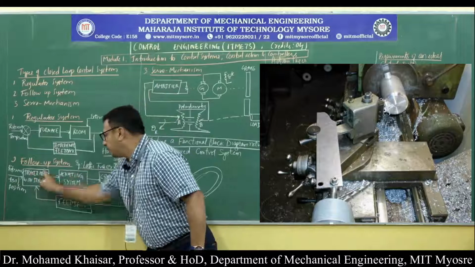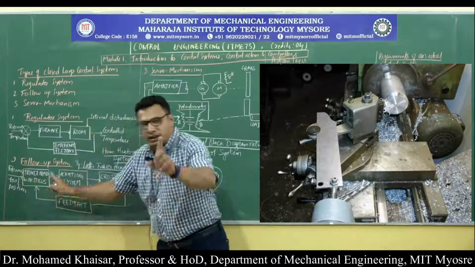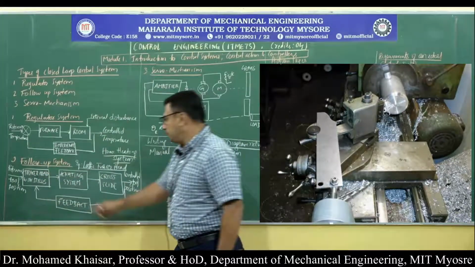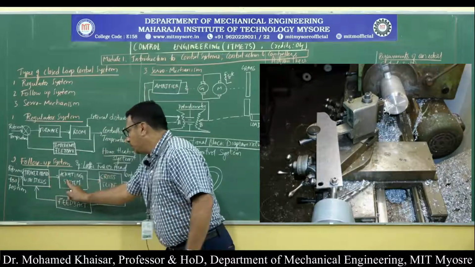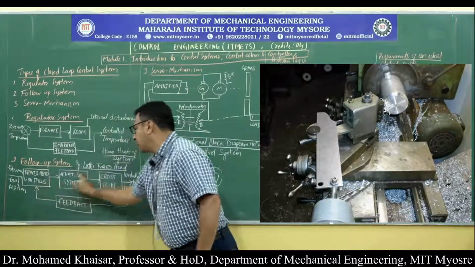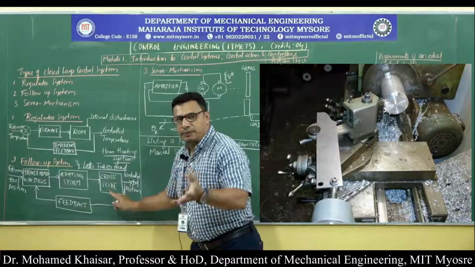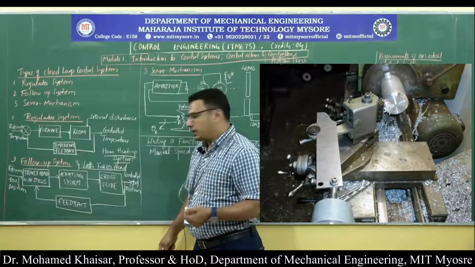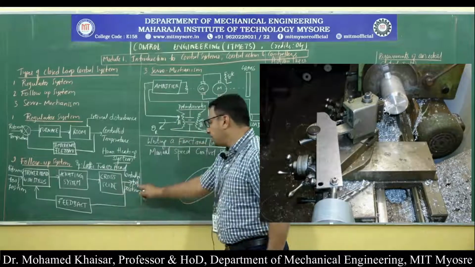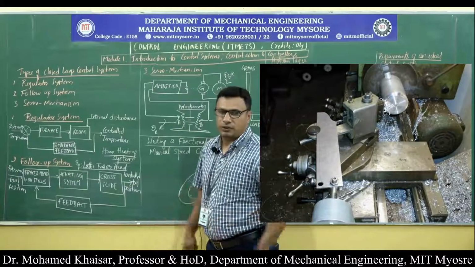That is why the tracer head is placed here in the controller's position. Then the tool is tracing the tracer head part, that is why it is the actuating mechanism, and the cross slide will be moving the cutting tool to turn the material, and then you get the controlled tool position, that is the actual tool position.